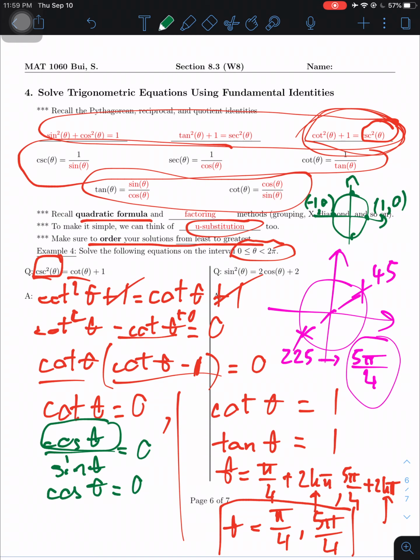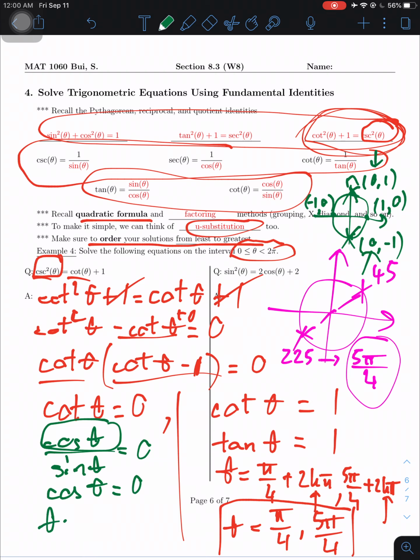Cosine here is the x part. So there are two places where my x part equals 0, right here and right here, which means I have the angles of 90 and 270. Within one circle they are just that, so you don't have to keep going for more circles.